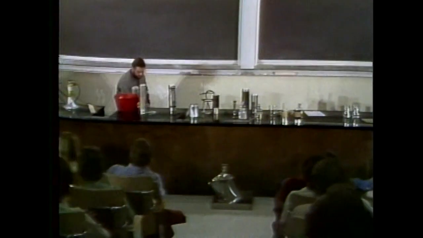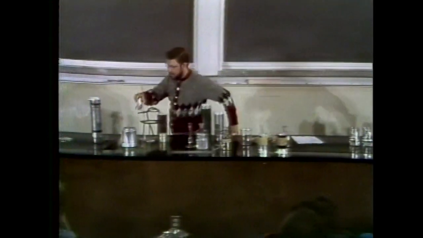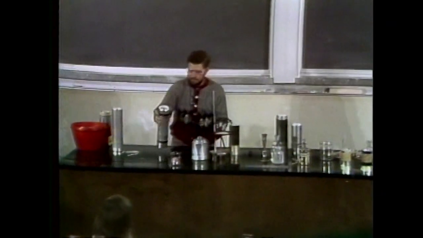Okay. And what I want to do is see what happens to this rubber ball when I put some liquid nitrogen on it. All right. As usual, the nitrogen is boiling off because the temperature is much warmer than the boiling point of nitrogen. And this thing seems as if it wants to float in nitrogen.